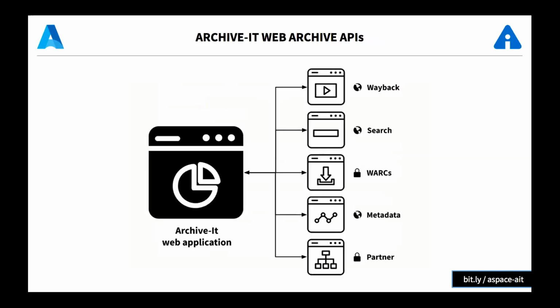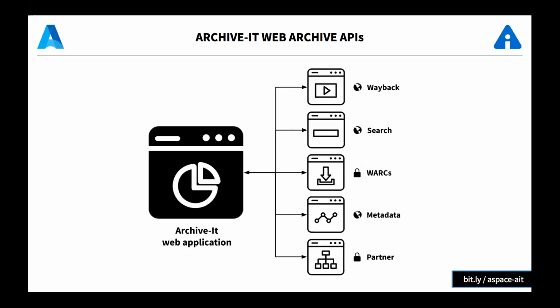But what I wanted to talk a little bit more about is that there are any number of different ways that users could utilize the ArchiveIt APIs that exist to integrate information about your collections, whether it be metadata, collecting information, etc., into external services, and in this case, specifically into ArchiveSpace.